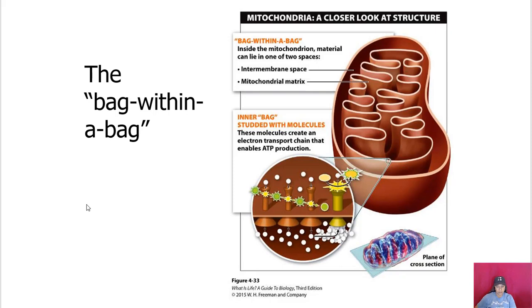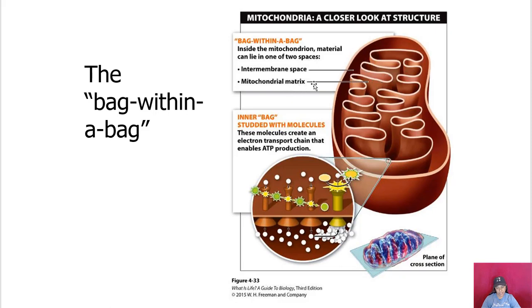So here we have a look at the mitochondria, and we can see that they are this bag within a bag, right? Here we have the outer membrane of the mitochondria, and then we have this folded inner membrane, which is like another bag inside this outer bag, okay? So we've got this inner membrane space, which is here between the outer bag and the inner bag.